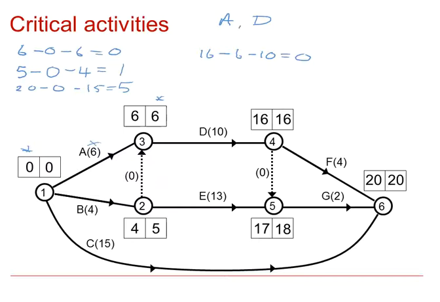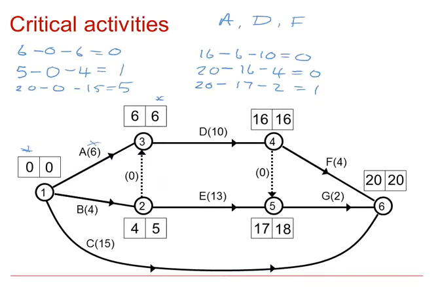F, the outside box of 20, minus the early event time 16 minus 4, 0, so F is critical. And for G, we have outside box of 20 minus the outside box of 17 minus 2 equals 1. So G has a float of 1 and therefore it is not critical.